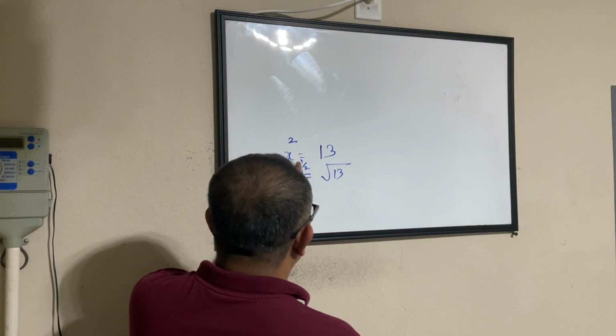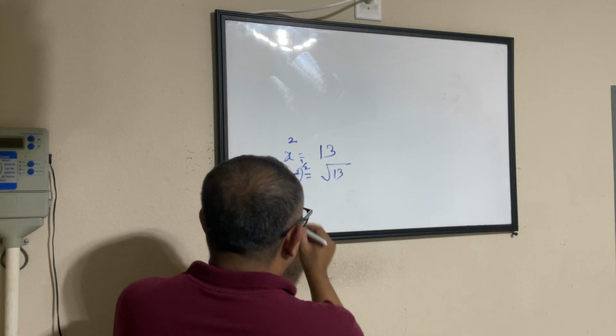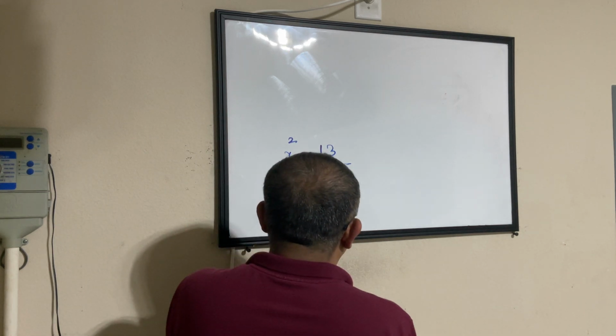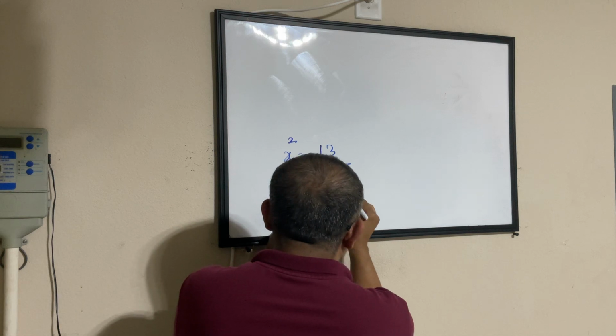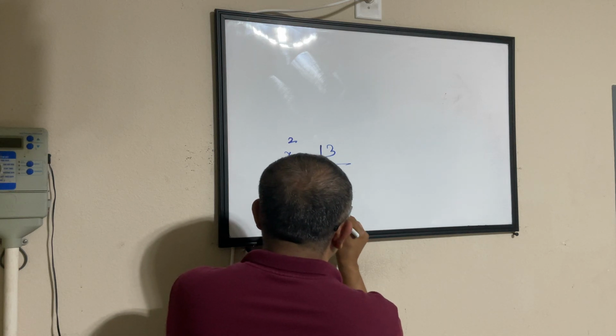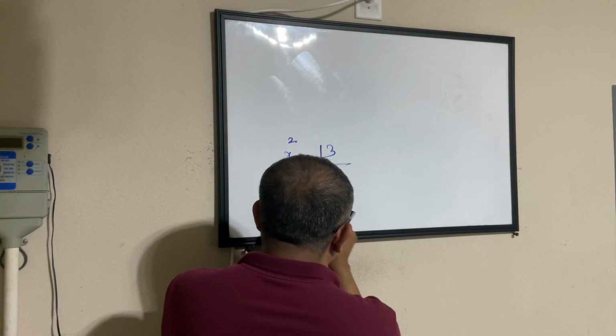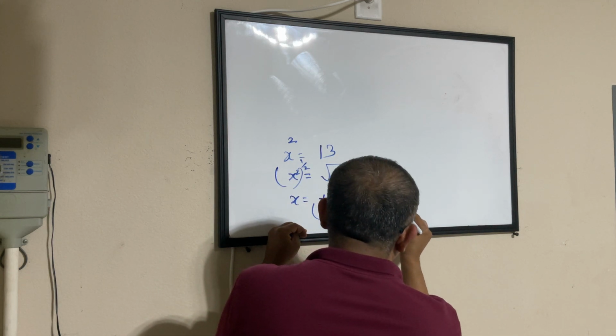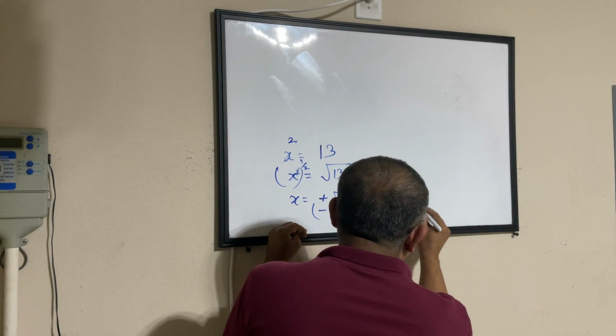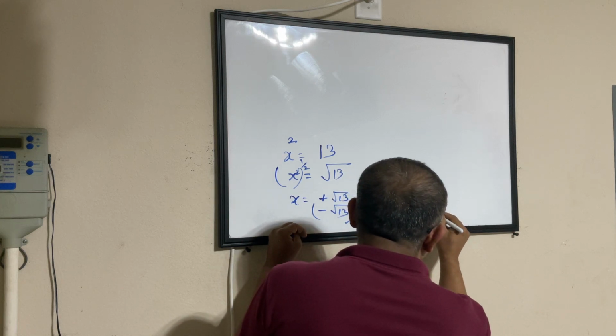That is how I will get x. So x gives me the square root of this. But I will get plus or minus square root 13, because if I do a square of this, it gives minus into minus, square root 13 into square root 13.